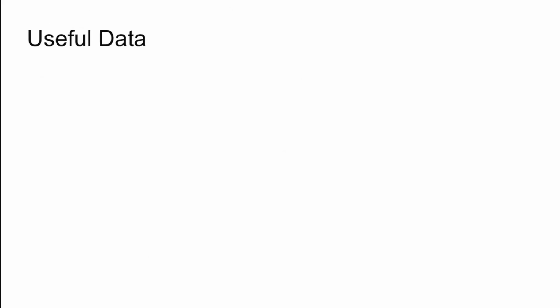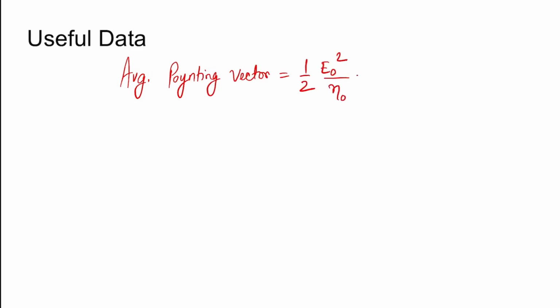So in order to solve this question, we need to know the average Poynting vector, which is given by half E₀² by η₀ ax hat. Coming to the solution, we have the time-varying electric field given by 24π cos(ωt − k₀x) ay hat.